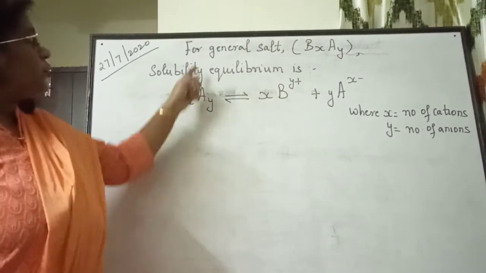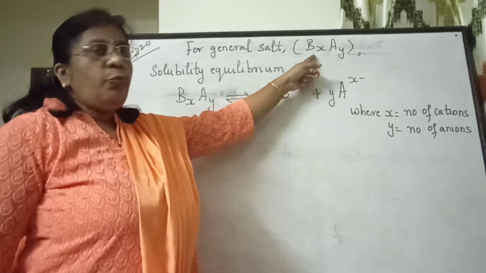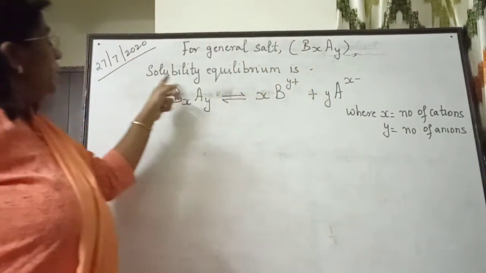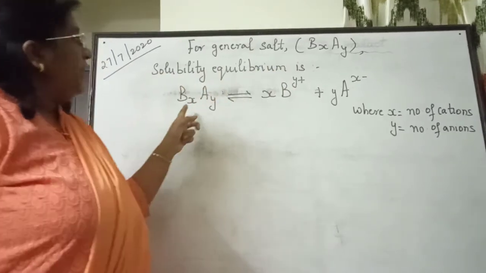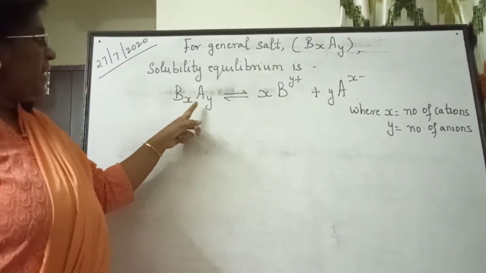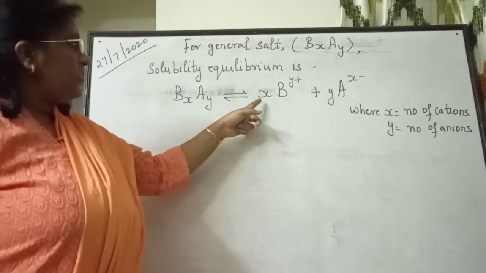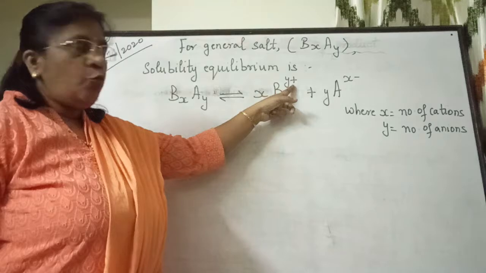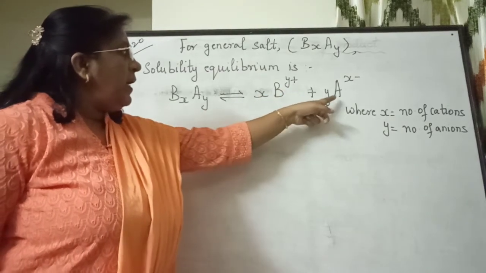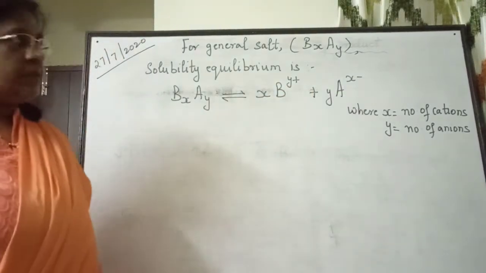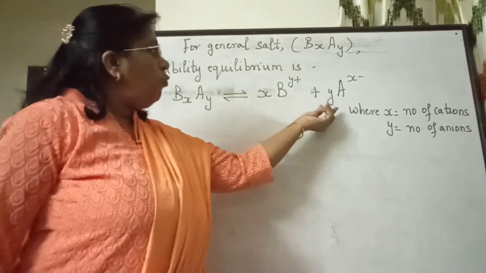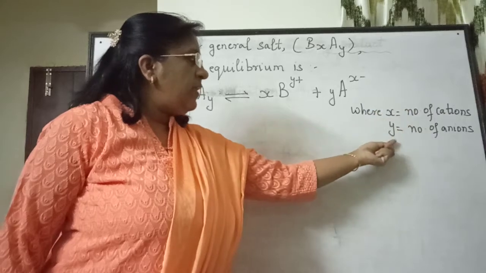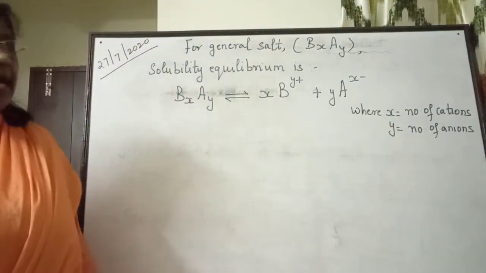If a general salt formula is taken as BxAy, then the solubility equilibrium can be indicated as BxAy dissociates to give x B raised to y plus and y A raised to x minus. Now this x and y, x indicates the number of cations whereas y indicates the number of anions.